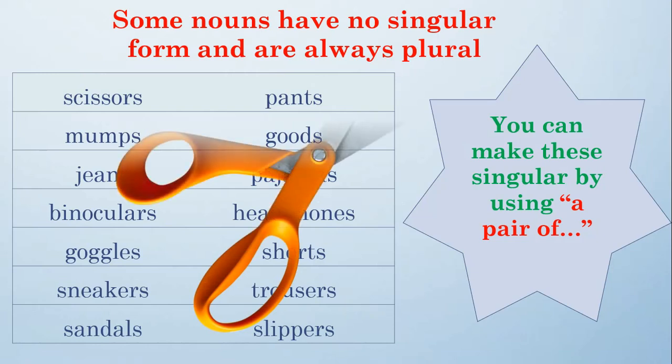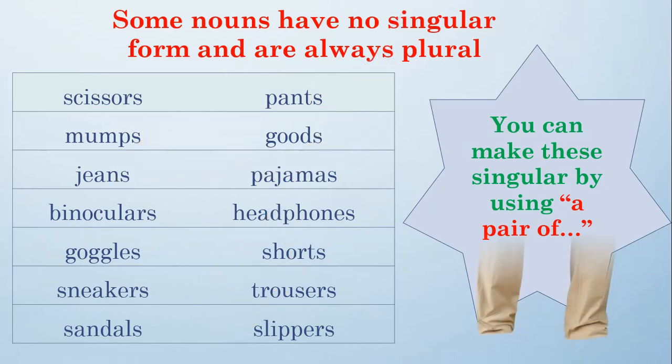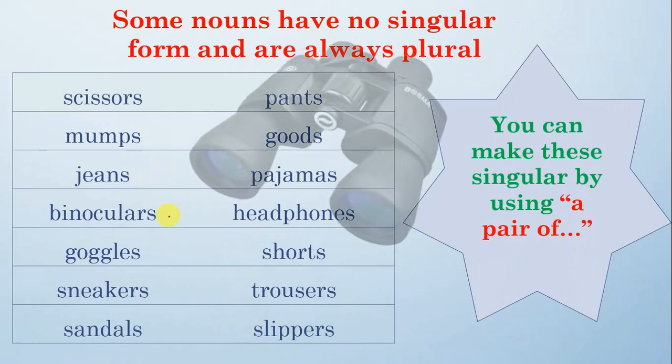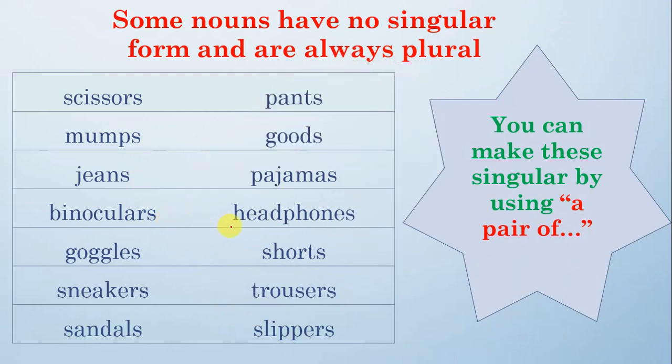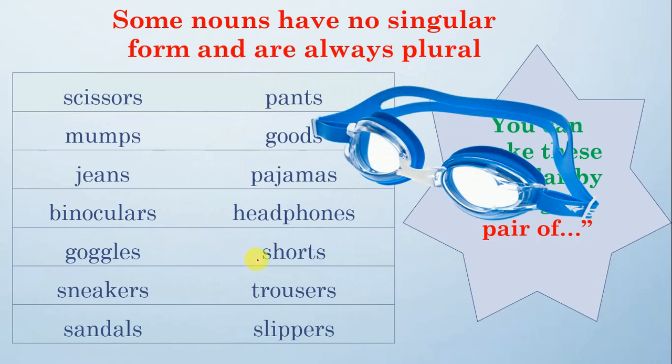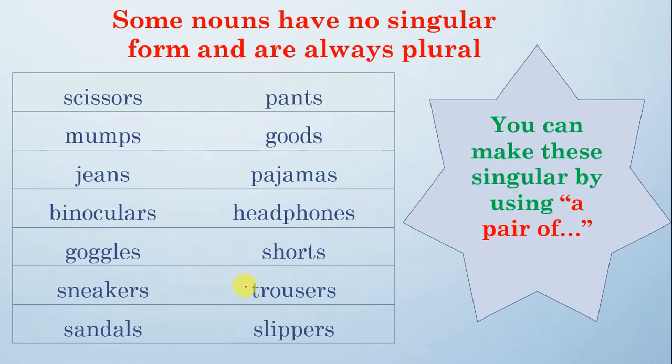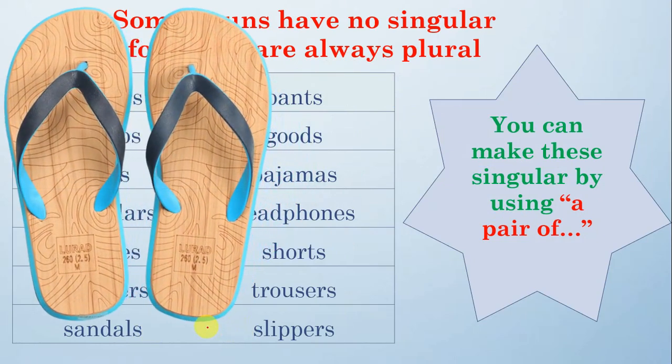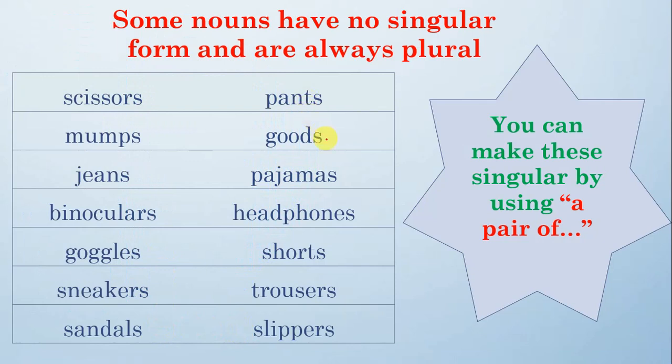Scissors, pants, jeans, pajamas, binoculars, headphones, goggles, shorts, sneakers, trousers, sandals, slippers. Can you see all these words have S and we don't use these words without an S? So I'll tell you how to make it singular and plural.